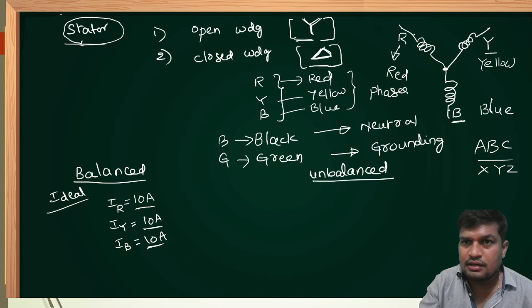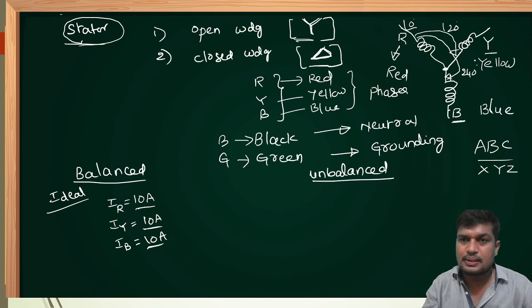Now, if you take R phase as reference, it is at 0 degrees, and Y phase has a 120 degrees phase displacement. From R phase as reference, R to Y is 120 degrees, R to B is 240 degrees.